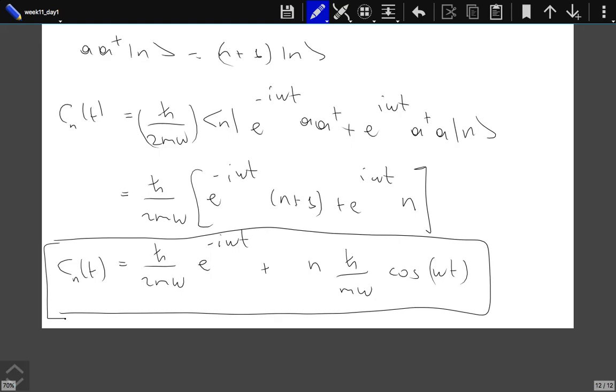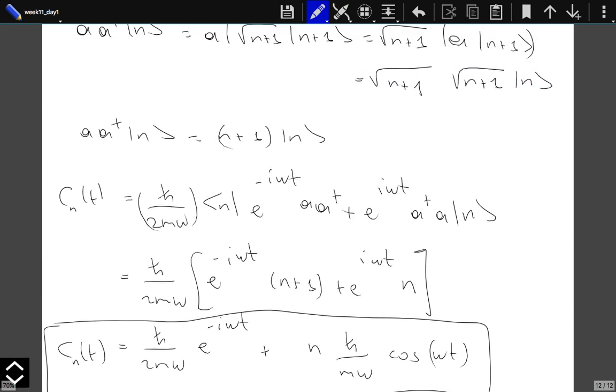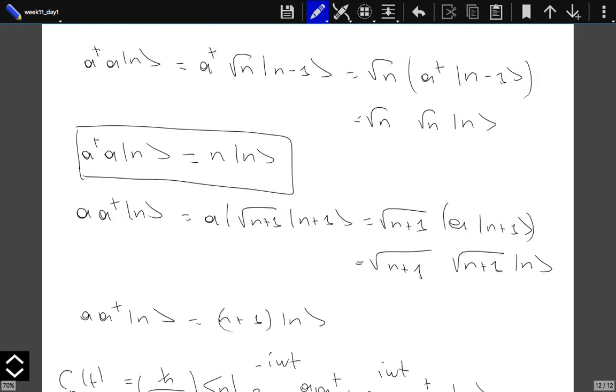Is this why we write A dagger A as the number operator? Yes, this is exactly the reason why we write A dagger A as the number operator. You see, these excited states just contain additional packages of energy. And most of the time, we identify them as particles.